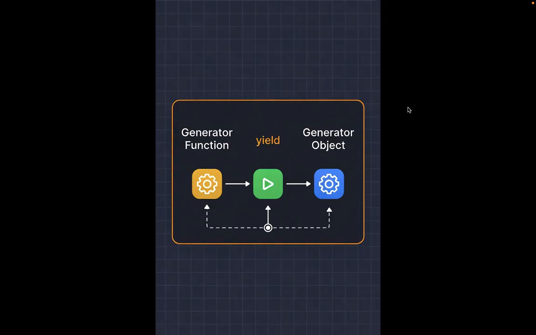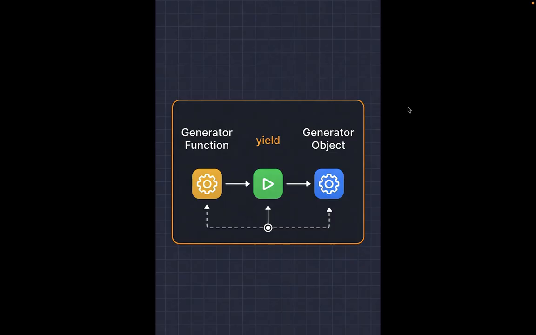Now, in this tutorial, we're going to take this principle of lazy evaluation a step further by diving into generators. In terms of how we write functions, a regular function and a generator function have similar syntax.